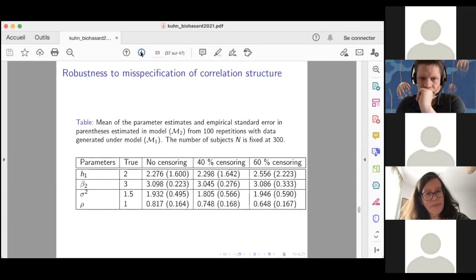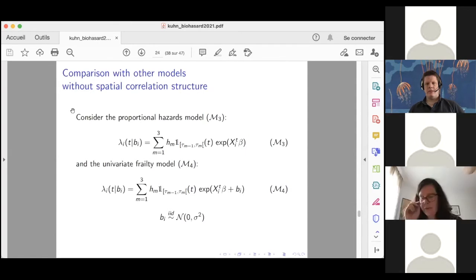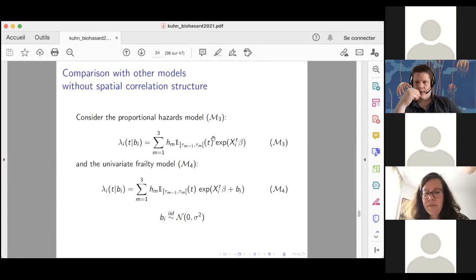So now we also compare the model with other models without spatial correlation structure, to see if the spatial correlation structure brings something positive in the estimation task. So we consider first the proportional hazard model with a piecewise constant baseline and no frailty term.